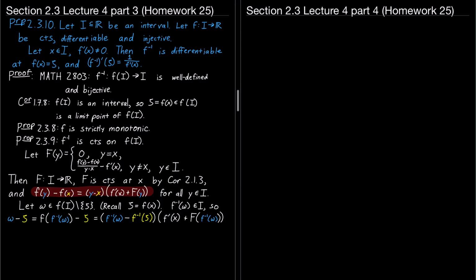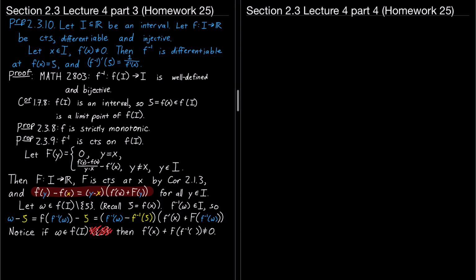So notice if omega is in f of I minus zeta, then f prime of x plus big F of f inverse of omega is not equal to zero. And in fact, this is true even without the condition.